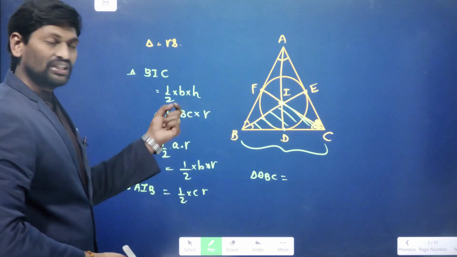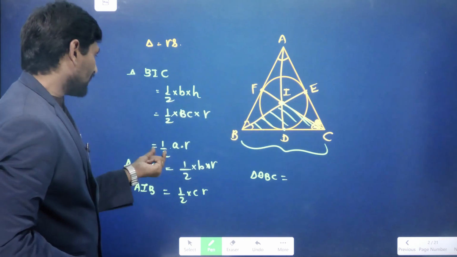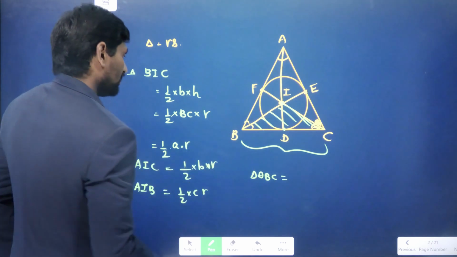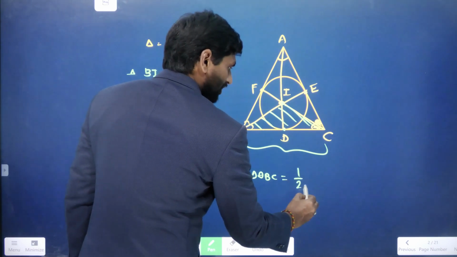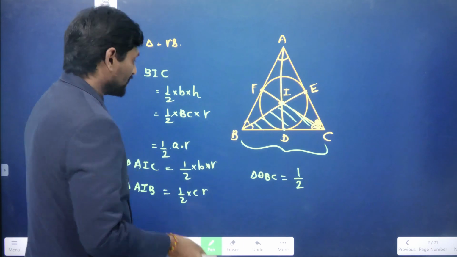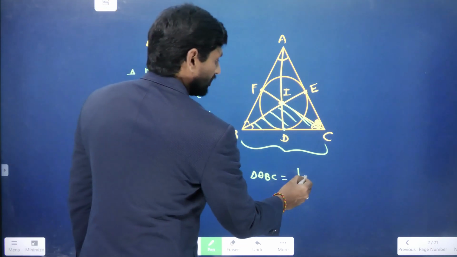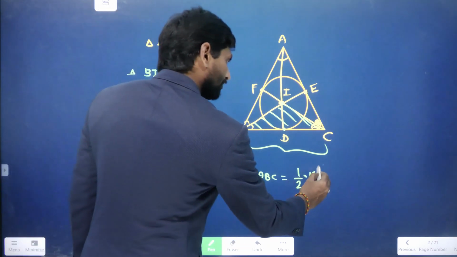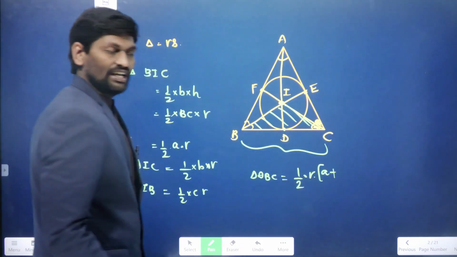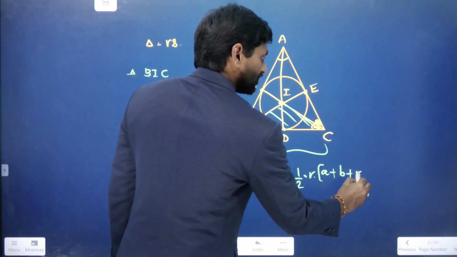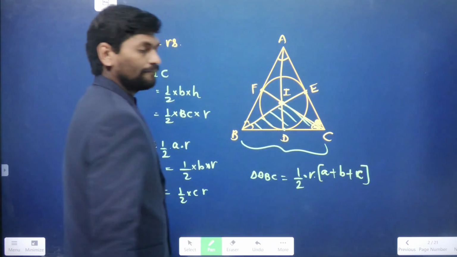Okay? Using the formula, we can write half a into r, this one half b into r, and this is half c into r. While adding these three triangles, we have a common factor, that is half into r. If I take half into r as common, what remains from the first triangle? a will remain. From the second triangle, b remains. From the third part, c remains.